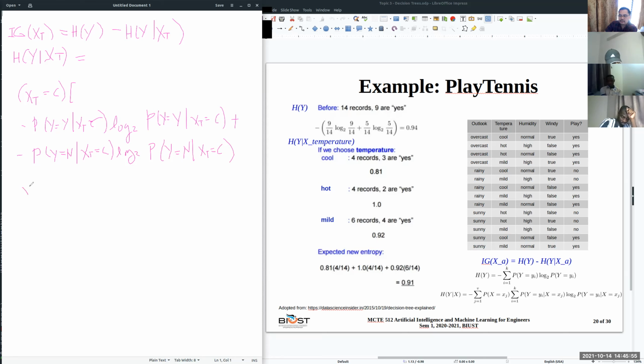Now for xt, because these are all summations, you have to sum.